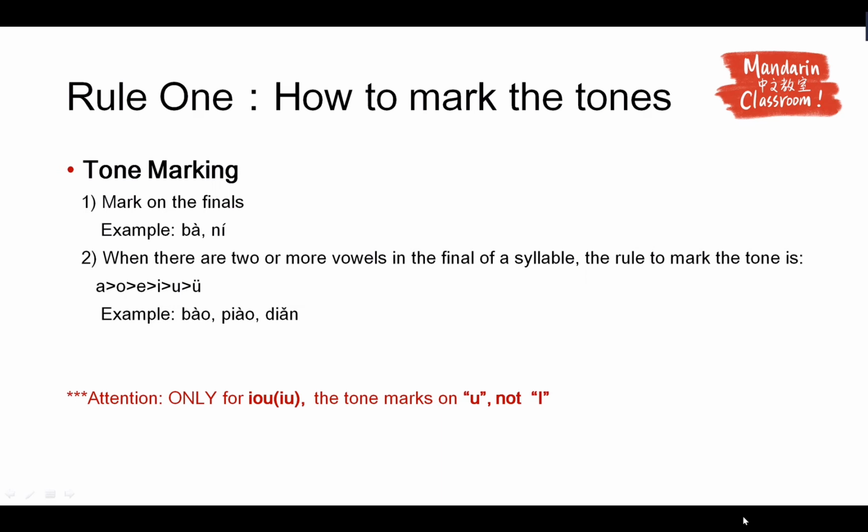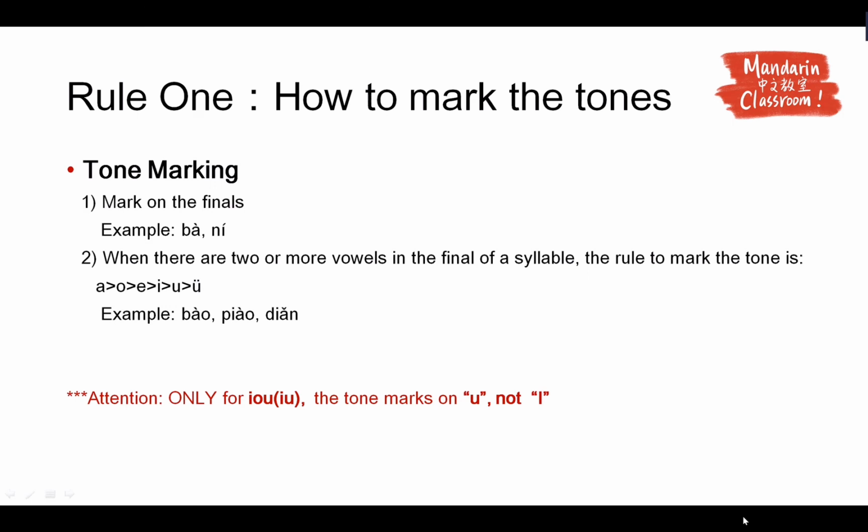There are A and O, these 2 vowels, but A is prior to O according to the priority order, so we mark the tone on the A. And about 票, A is prior to O and E, so we mark the tone on the A. But attention, there's an exception.